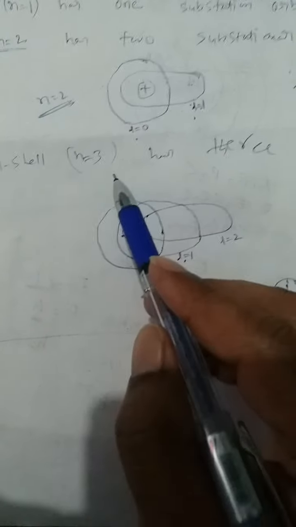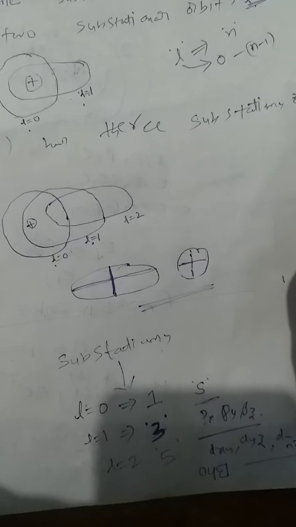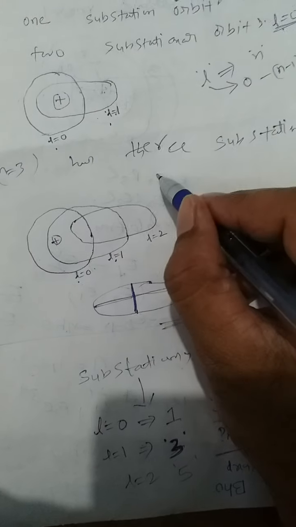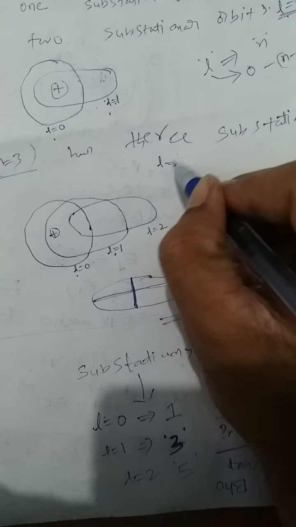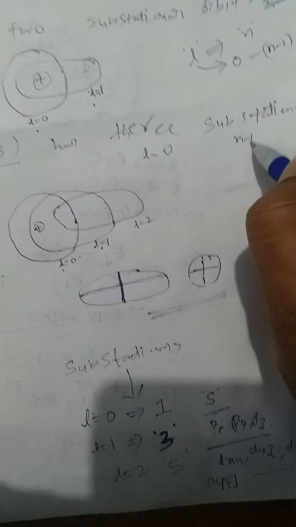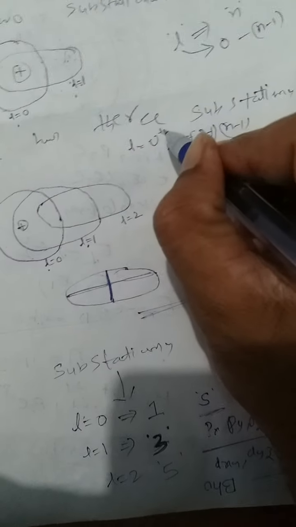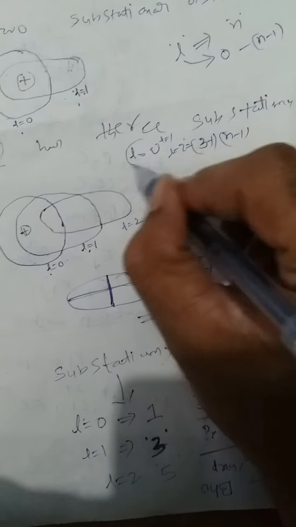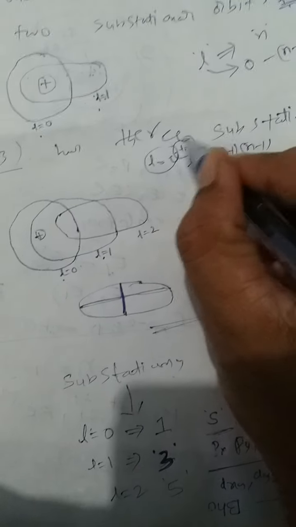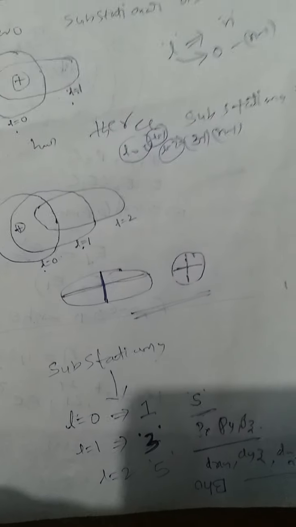For the M shell, n equal to 3 has 3 substationary orbits. So the L values of the n equal to 3 shell start with 0 and end with n minus 1, that is 3 minus 1, which is 2, L equal to 2. In between we have L equal to 1. So L equal to 0, L equal to 1, L equal to 2. We have 3 substationary orbits.